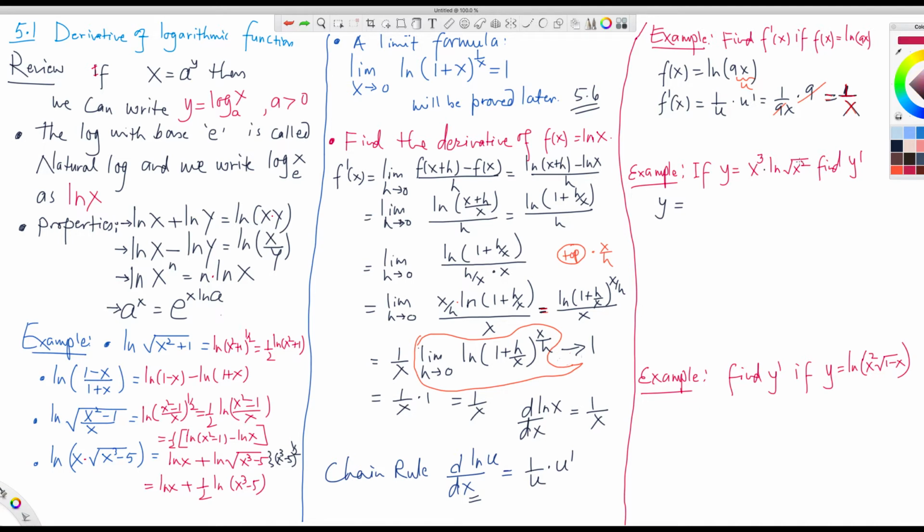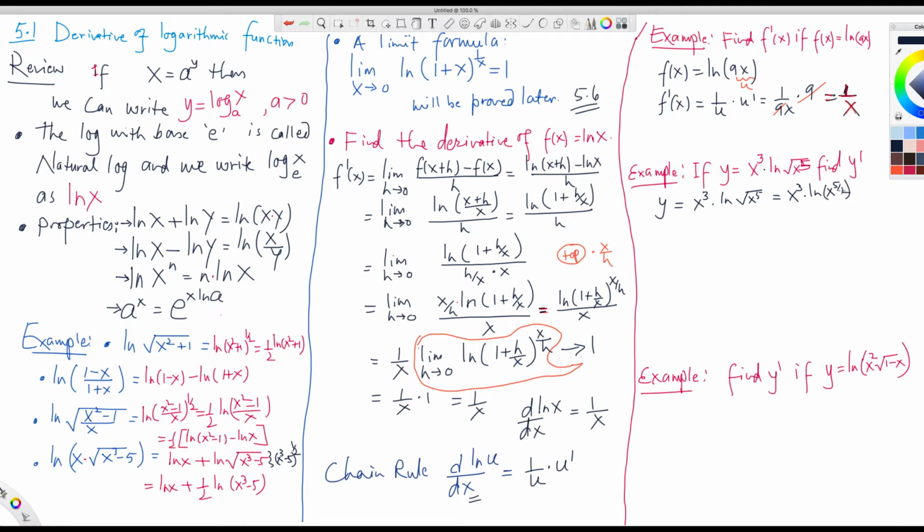By the way, this should be x to the 5. So y is given as x cubed times natural log of the square root of x to the 5. How do I simplify this? I can write it as x to the 3rd times natural log of x to the 5/2, using exponent form.